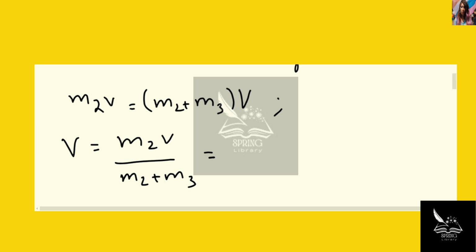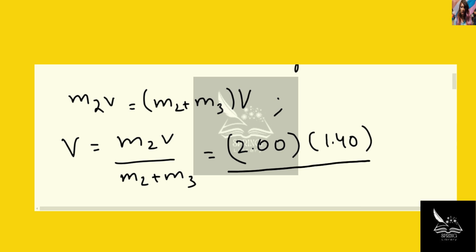So putting all the values, 2.00 kg into 1.40 meter per second upon 2 plus 3, that is 5 kg. So the capital V would be 0.560 meter per second.